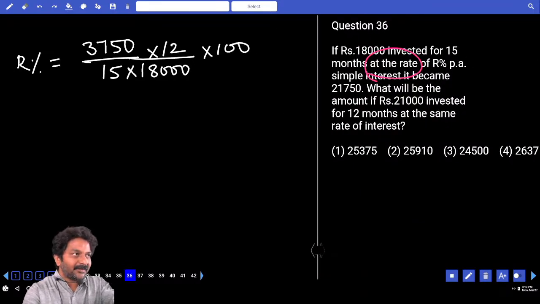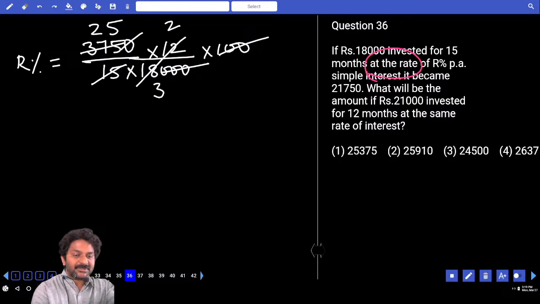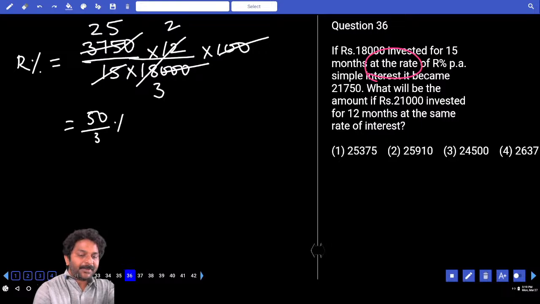Is this clear so far? 3 zeros got cancelled. 15, 2 times, 5 times, 6 2 times, 6 3 times. So rate of interest is 50 by 3%.